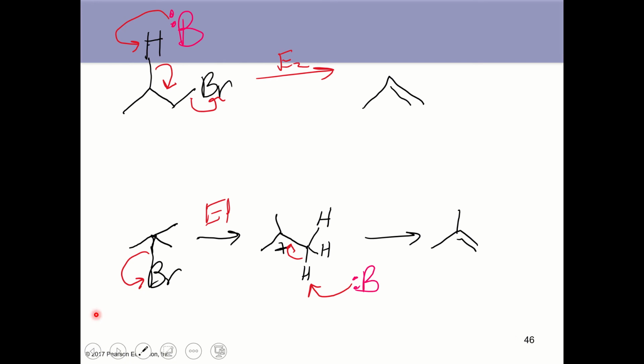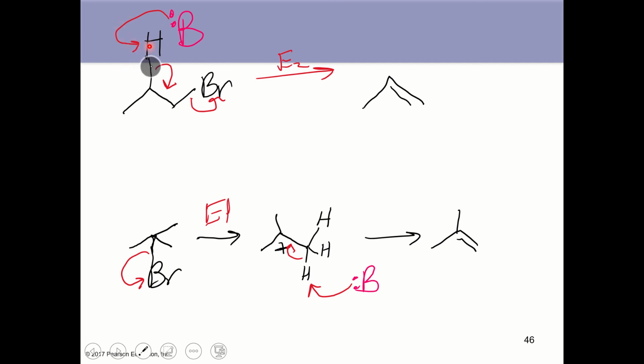In the first type of elimination reaction, we have a one-step mechanism where both the base and the alkyl halide affect the rate of reaction. And so we have a generic base, B, with a lone pair that can remove a hydrogen atom. And that's the first step.